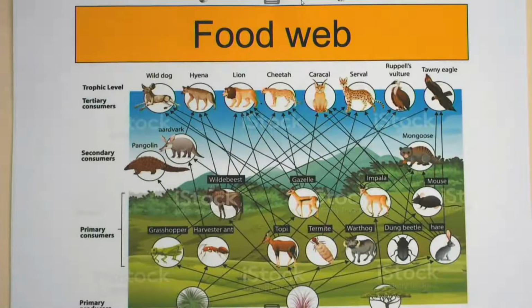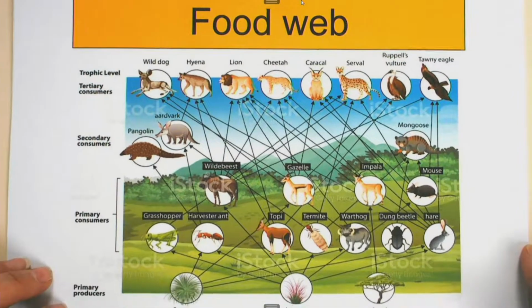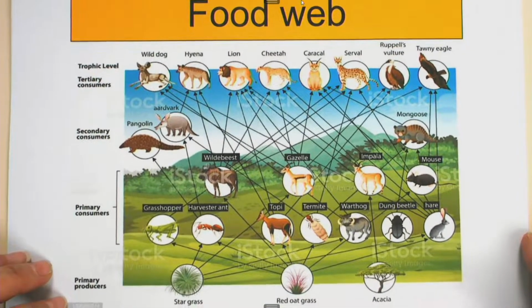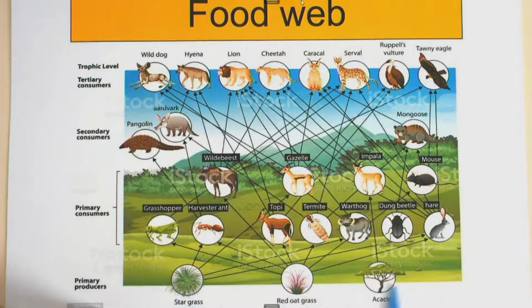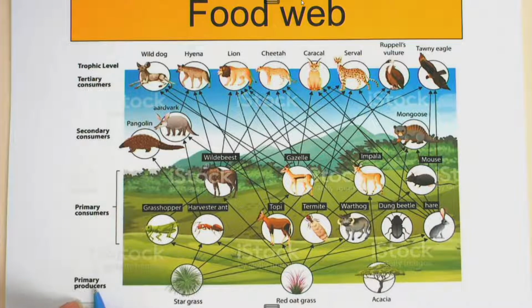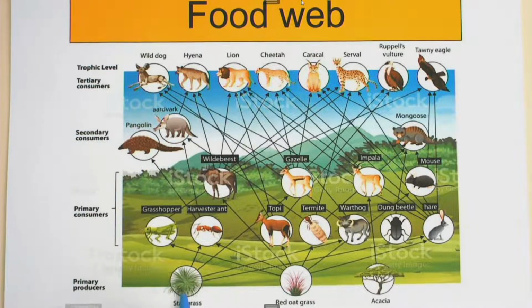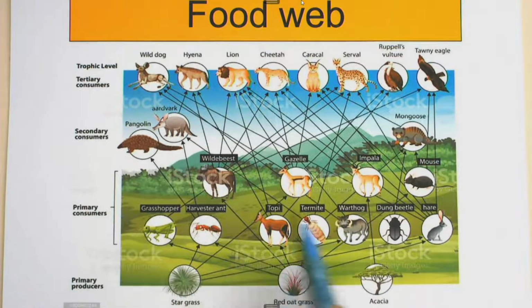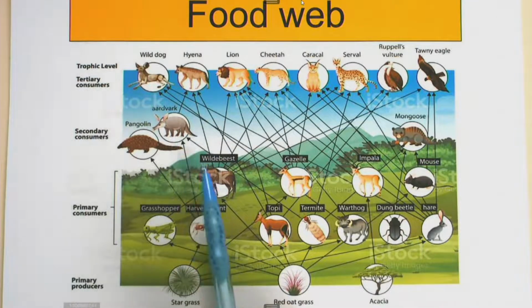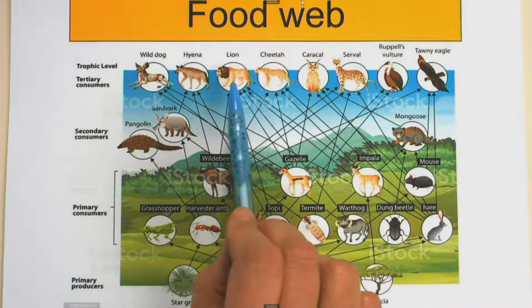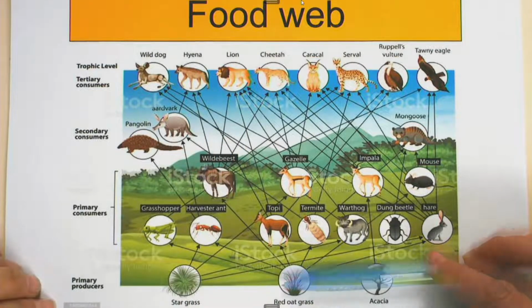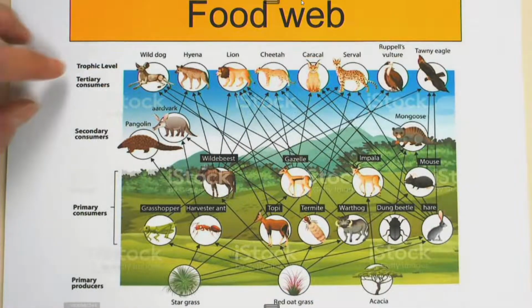Okay. Now the next one is the food web, like a spider's web. It's much bigger. We start here at the bottom with the grass, which is the primary producers, which is providing food. It's making food. Then the grasshoppers, etc., they are going to eat. They are the next level. Then we have the secondary consumers, the tertiary consumers, and each level of food is called a trophic level.